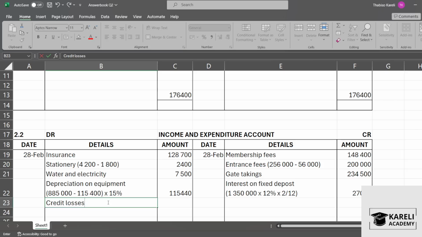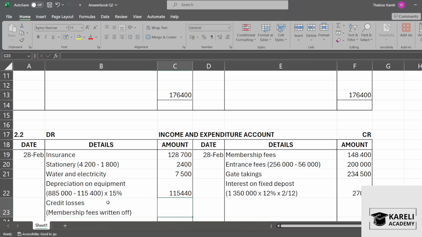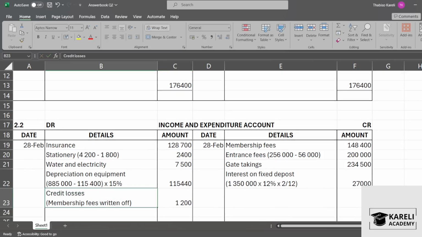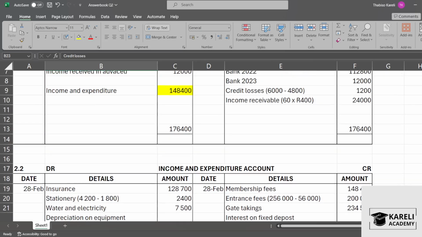And it's important to indicate that those come from membership fees written off. It was 1,200. So don't forget to do that once you are done.